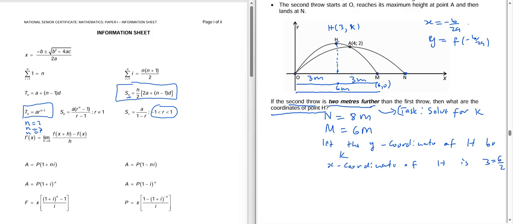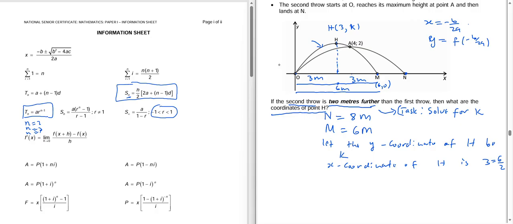We would need to construct a function. Once we construct our function, we will substitute these 3 into the function. Now, what information do we have about this function that we're interested in? Because H is sitting on that parabola. So what information do we have about that parabola?